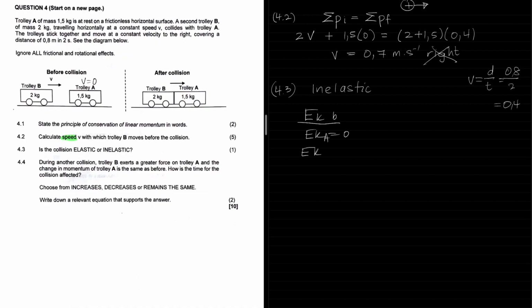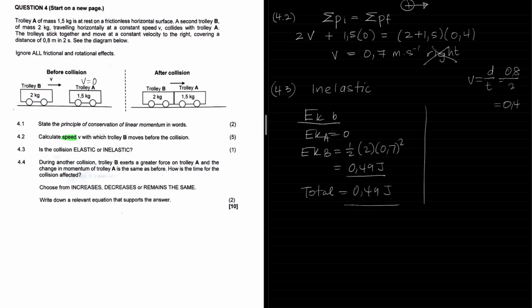For B, we can calculate the kinetic energy. That's going to be half m v squared, so 0.7 squared, and that's 0.49 joules. So the total before is going to be 0.49 plus 0, which is 0.49.